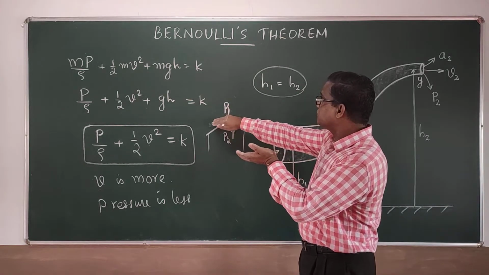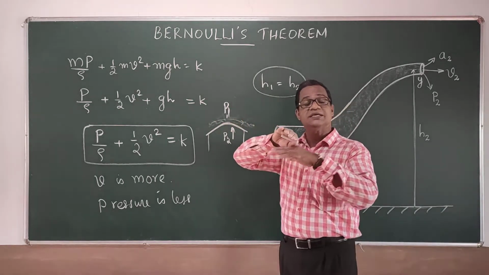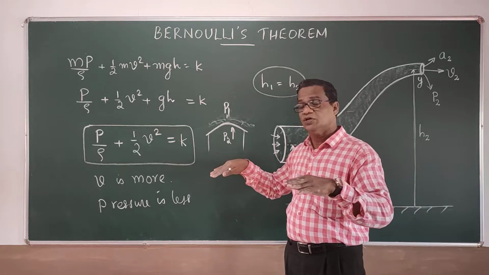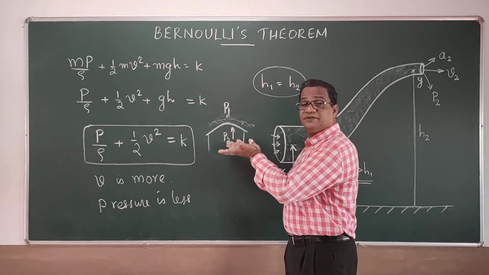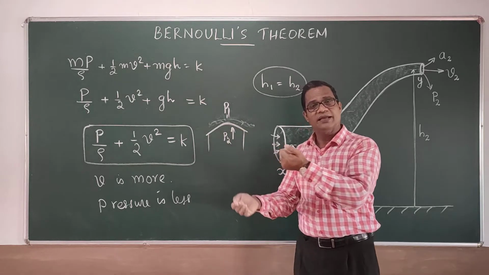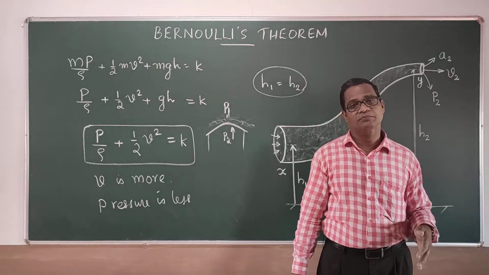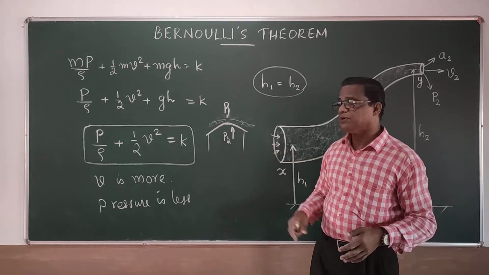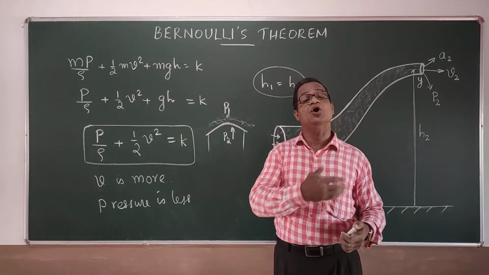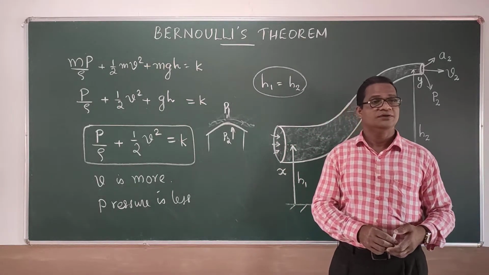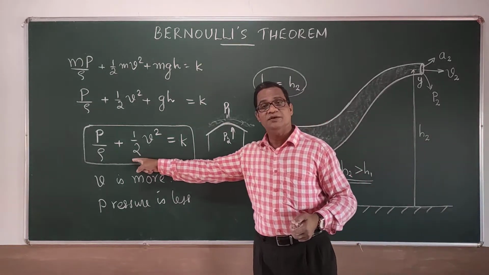So above the roof there is a sudden decrease in pressure, due to which the roof is lifted and the air carries it away. This happens in a heavy storm, and it is based on Bernoulli's theorem.